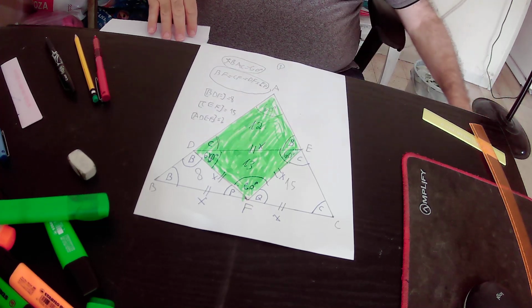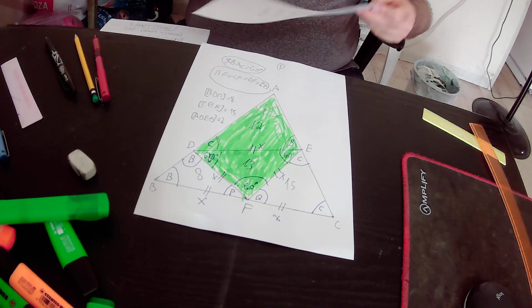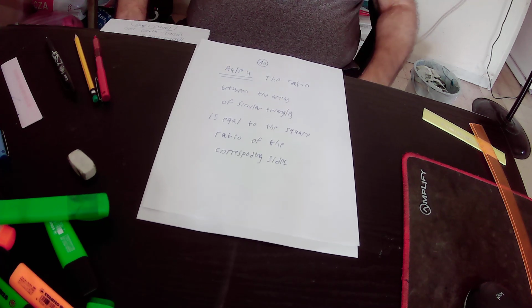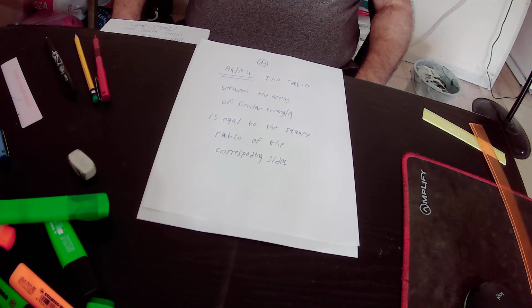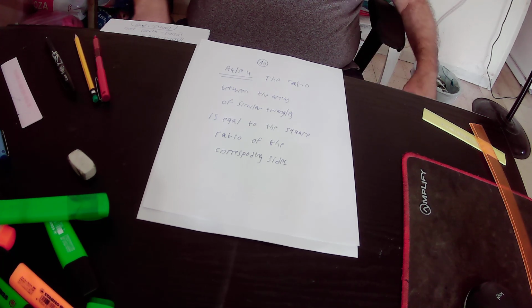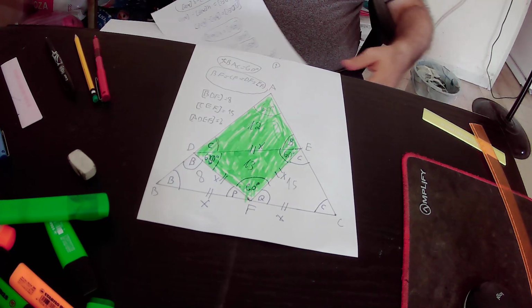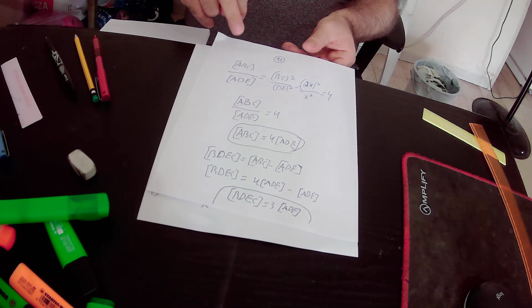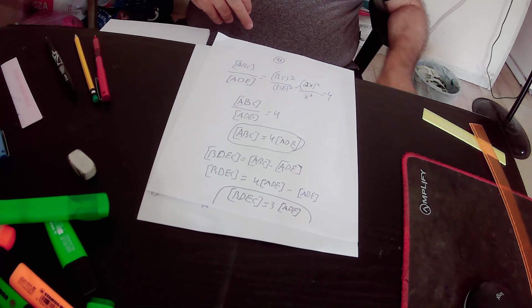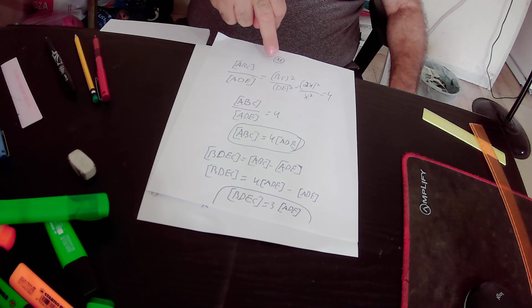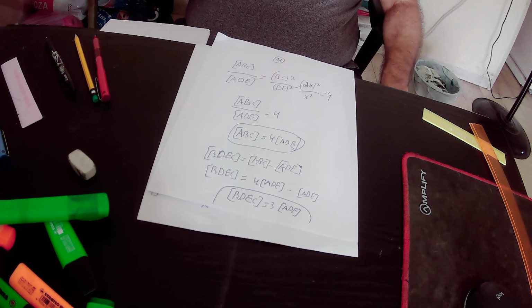And we have rule number 4 that states that the ratio between the areas of similar triangles is equal to the square ratio of the corresponding sides. That is to say, the ratio between the area of triangle ABC to the area of triangle ADE equals the square ratio of the corresponding sides. The square ratio of the corresponding sides is actually BC squared over DE squared.